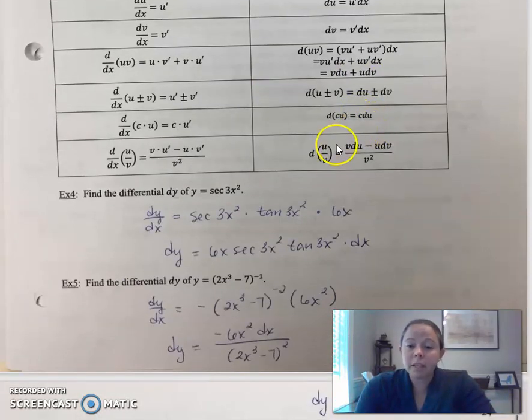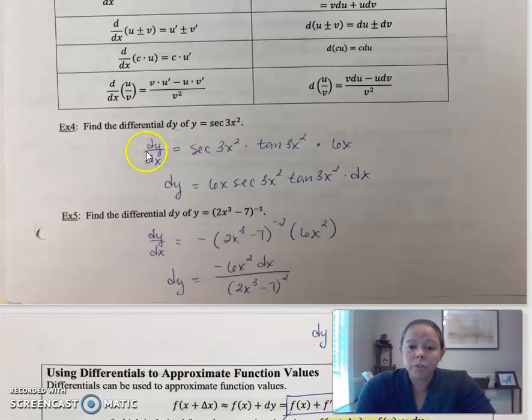For your purposes, to find the differential, for now we're just going to find the derivative like normal, and then at the very end, you're just going to multiply over the dx and leave it like this. We typically write the dx at the end. So I had to use the chain rule to do the derivative, and then at the end, instead of writing dy/dx or y prime equals, I'm going to write dy equals and multiply over the dx, and that's how you leave your answer.